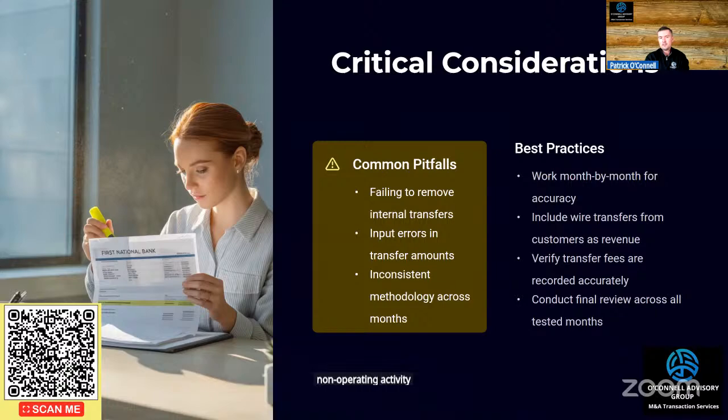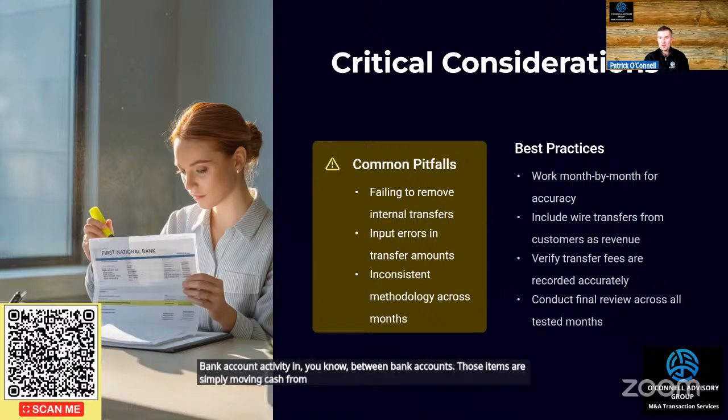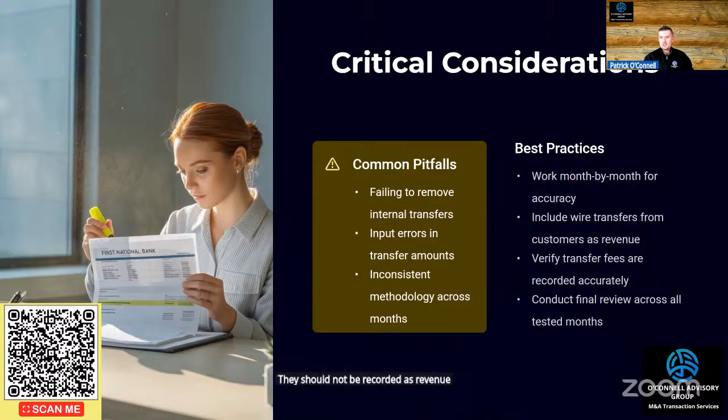So think things like transfers in, transfers out, bank account activity between bank accounts. Those items are simply moving cash from one account to another. They should not be recorded as revenue and expenses on a company's income statement.